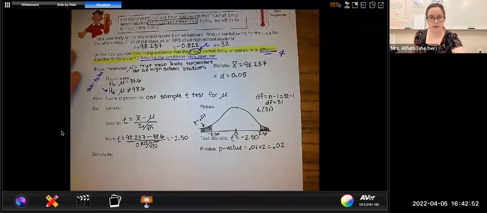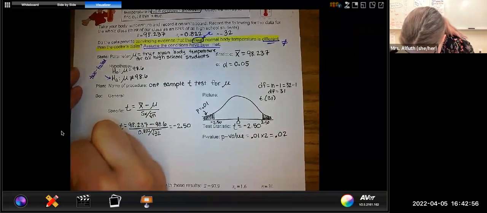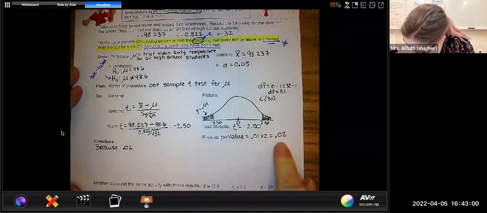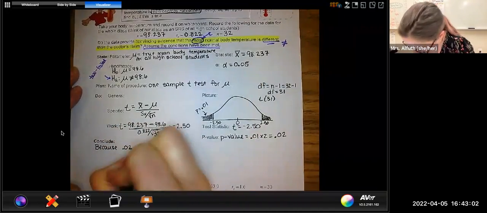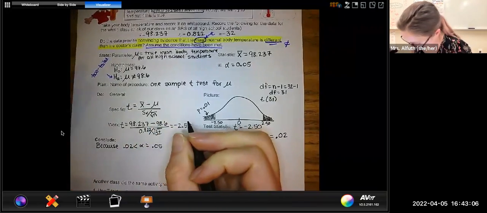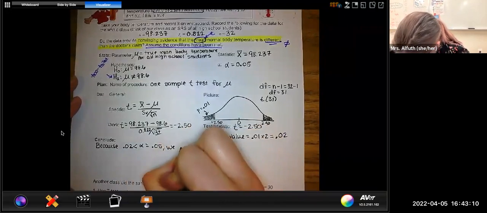To conclude here, because 0.02 is less than our alpha equal to 0.05, because it's less than, we reject the null hypothesis.